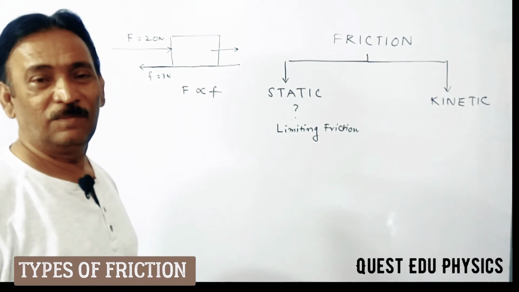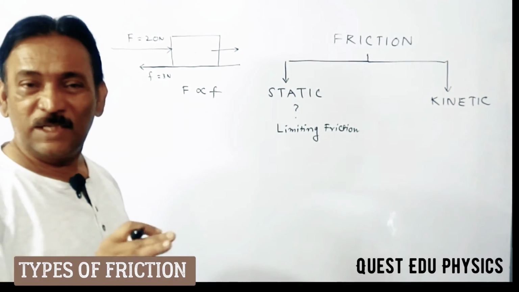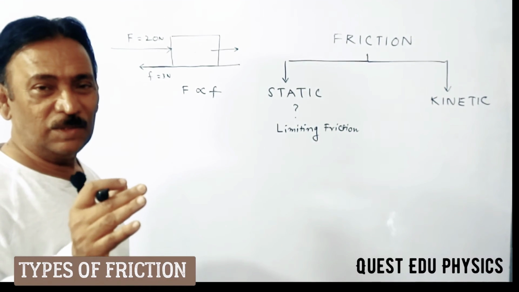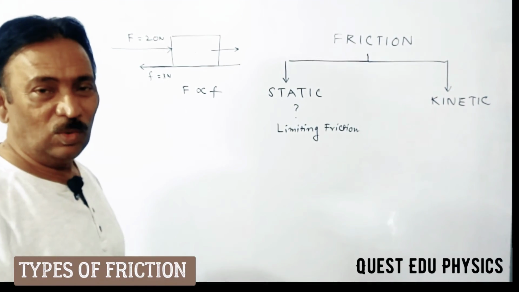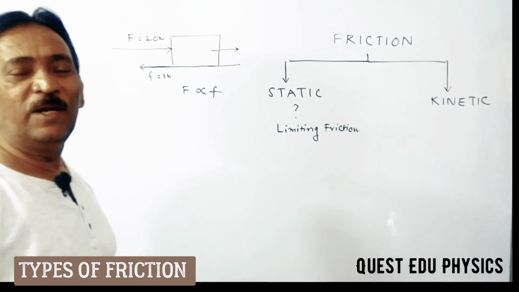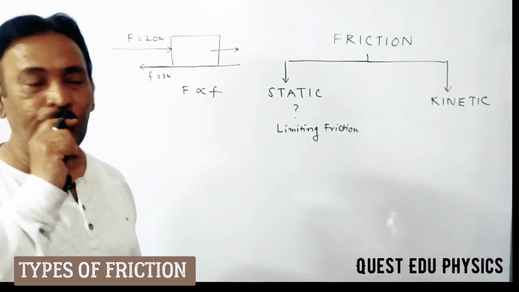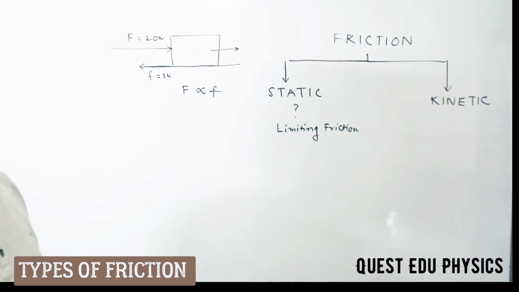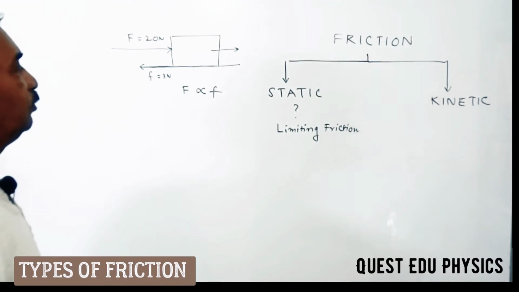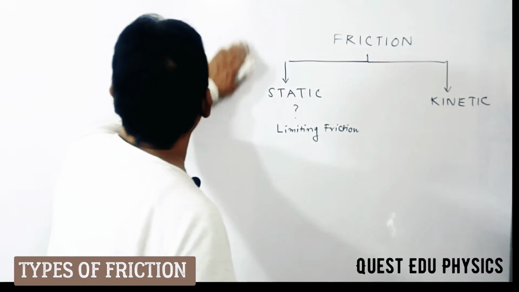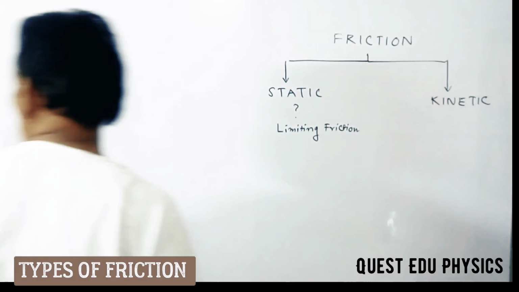Till the limiting friction, the body doesn't move; it only tends to move. Limiting friction is the maximum value of the static friction. After that, the body moves over the surface. I hope you understood. This can be understood very easily by a graph, students.